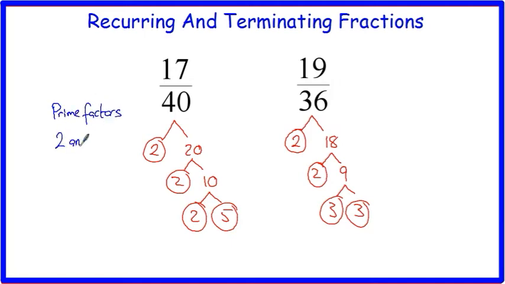Now the rule is, if the prime factors are 2 and 5 only, so either 2 or 5, if it's them only, then the fraction terminates.